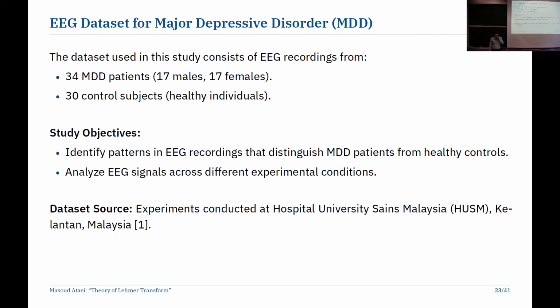Our objective is to identify patterns in EEG recordings that can help us distinguish between healthy controls and those diagnosed with major depressive disorder. We will analyze EEG signals across different experimental conditions. These experiments were conducted at Hospital Universiti Sains Malaysia.